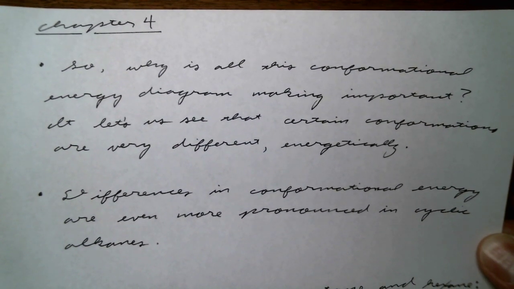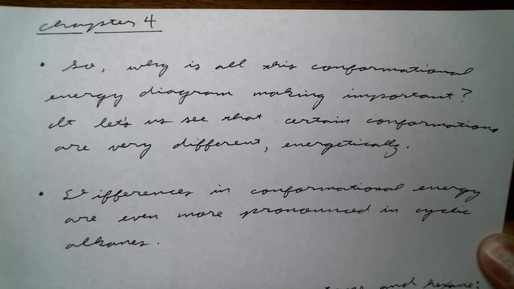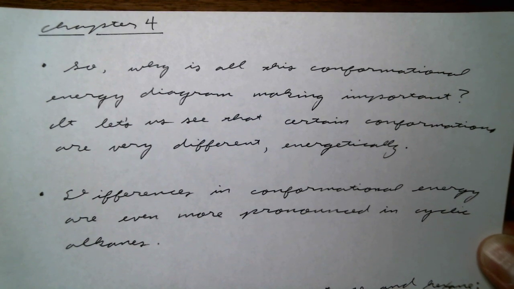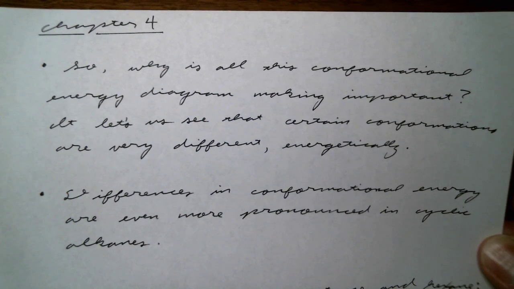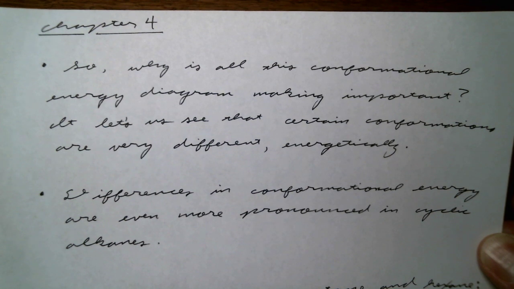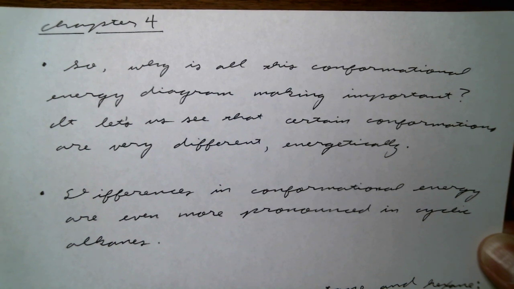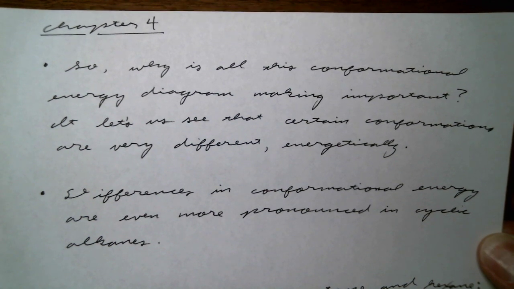We're finally beginning Chapter 4, and we want to start off this video by asking why is all this conformational energy diagram making important? Well, it lets us see that certain conformations are very different energetically.